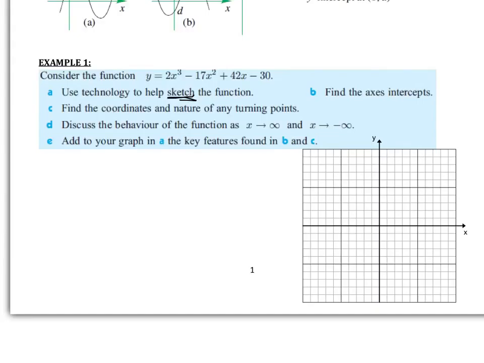I'm going to start by building my t-table, and because you can't see my calculator, I'm going to write that t-table down here. So I got my x and my y, and I'm going to get as many points as I can on this graph. For example, I press second, table on my graphing calculator.